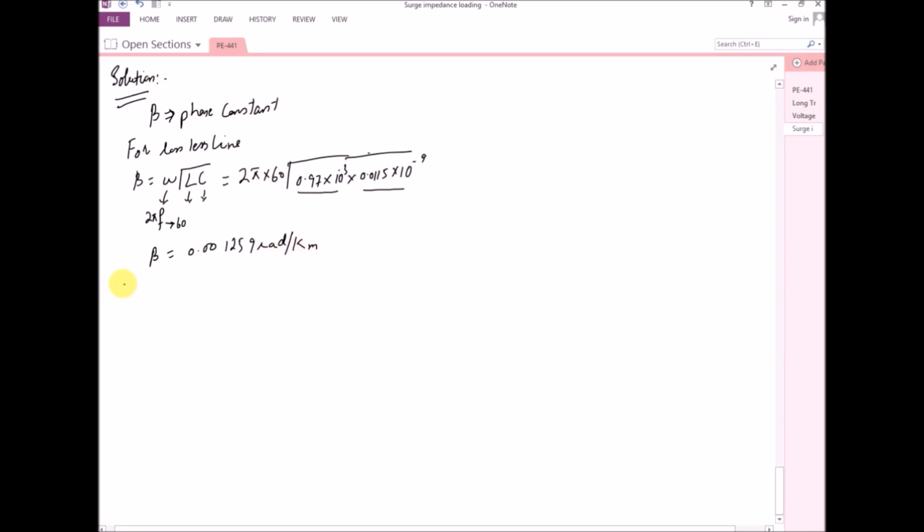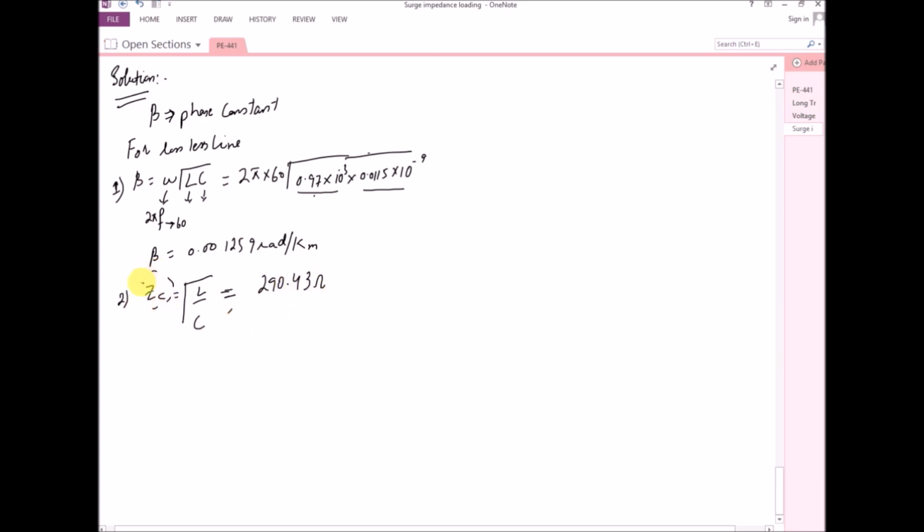Now, this was the first value that we had to find. The second value we have to find is the surge impedance. The formula for surge impedance is under root L over C. Again, we know the values for inductance and capacitance, which are 0.97 into 10 raised to minus 3 and 0.0115 into 10 raised to minus 9. After putting these values, it will give you 290.543 ohm.